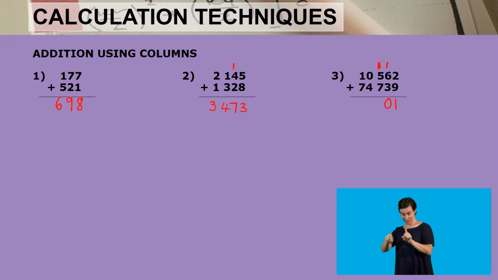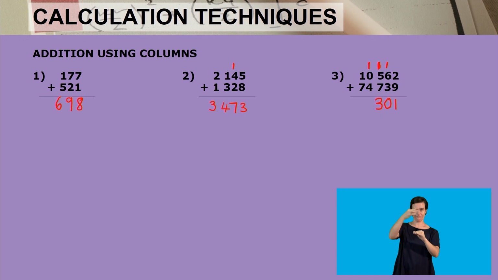Then we are going to have 500 plus 700, that gives us 1,200. But remember, we have the 100, so that means we now have 1,300. How many hundreds do we have? That is 300. But the 1,000 needs to go to the thousands column, so that is 1,000 there.